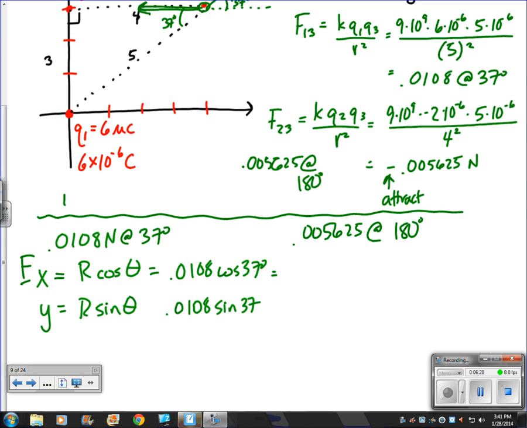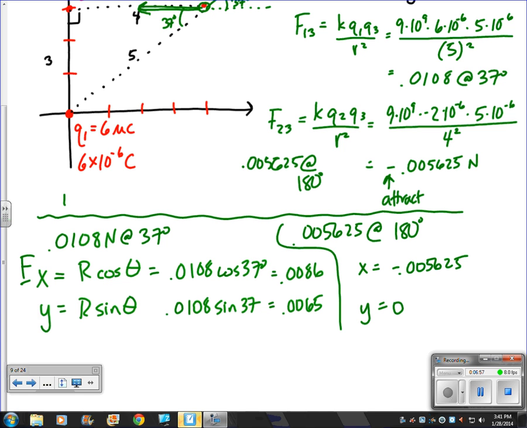Punch those in, and I get 0.0086 and 0.0065. Now for my other vector, it's all x. It's a horizontal vector, so the horizontal or x component is just going to be -0.005625, and the vertical component is 0.